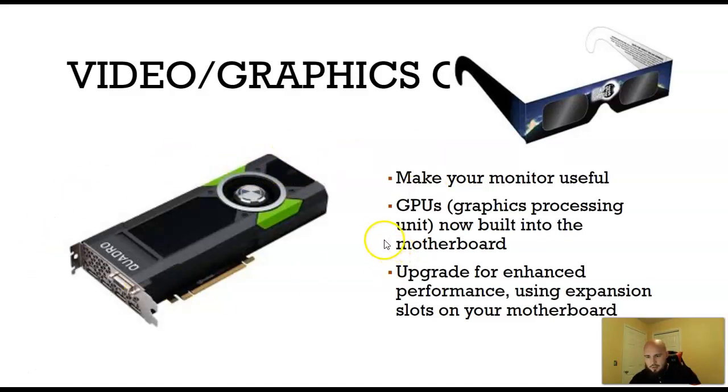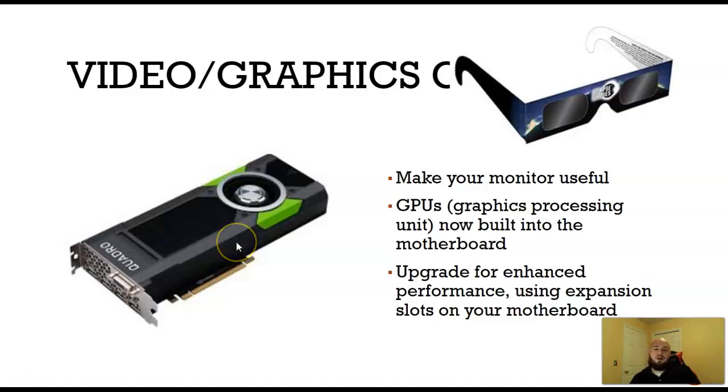GPUs are what we use to process and interpret any kind of graphic, really. So if you want your pictures to be more clear, as far as games go, you're going to need a better GPU. Okay? If you just want to do Photoshop, you don't necessarily need a super big GPU.